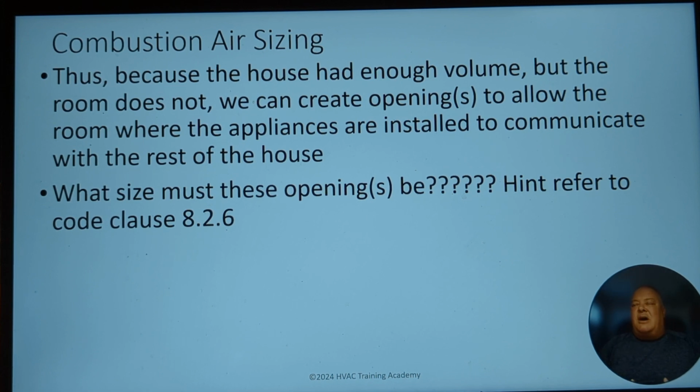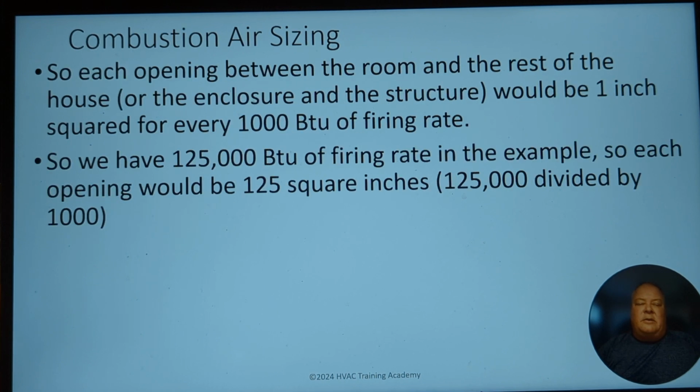Knock the 3 zeros off, and that gives you the size of the opening that we need between the room and the rest of the house, or between the enclosure and the structure, to satisfy the air requirements for this piece of equipment, or pieces of equipment, as we have in this case, between the water heater and the furnace. So we said we've got 125,000 BTUs of firing rate. Each opening is going to be 125 square inches at that point.